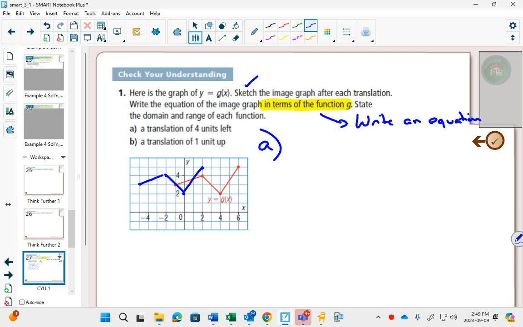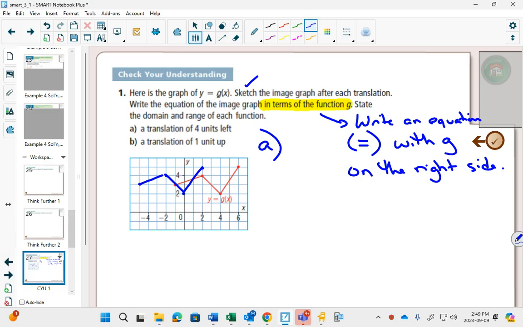First of all, if something says an equation, that means there's an equal sign in it, and there's something on both sides of the equal sign. And whenever something says in terms of, that has to be on the right-hand side of your equation somewhere.